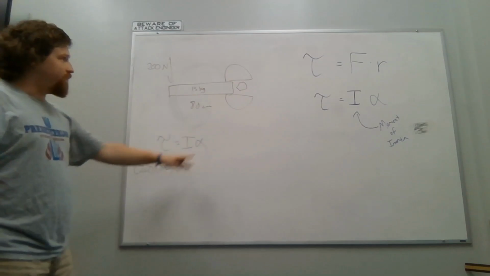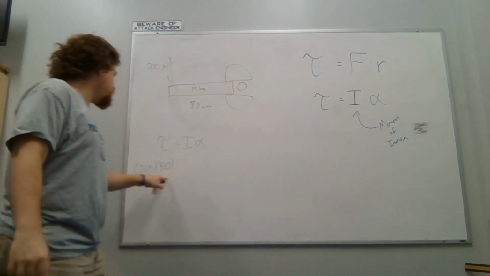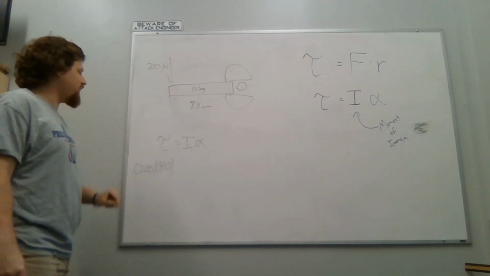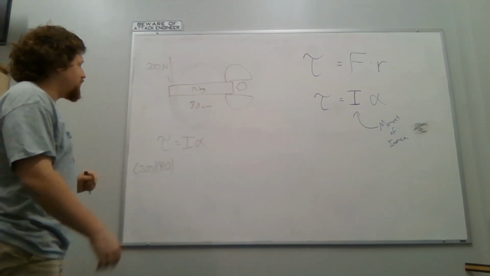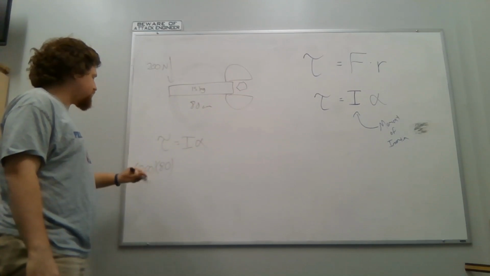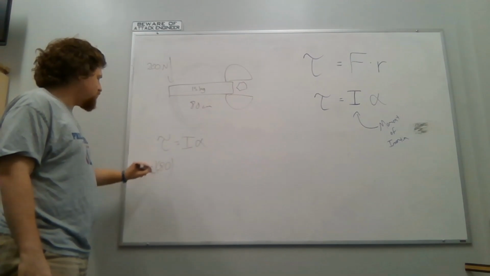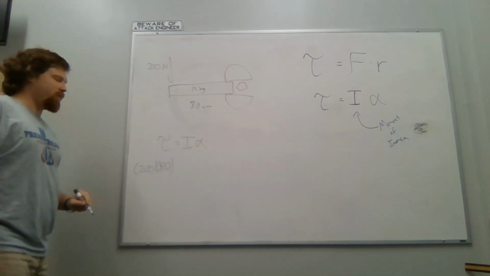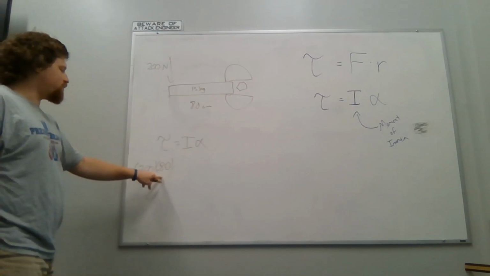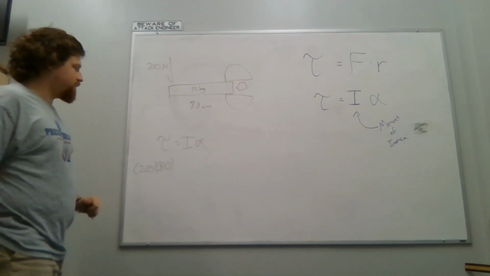That force times radius is going to be our torque. So I'm plugging that in for torque. Now notice, this is 80 centimeters, which means we're going to need to convert that to 0.8 meters. 80 centimeters becomes 0.8 meters.